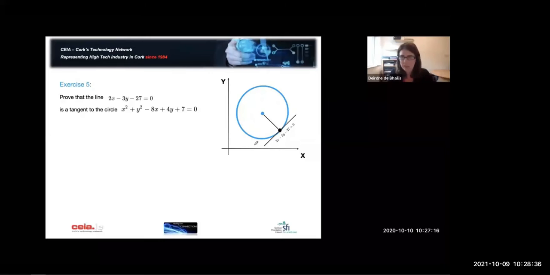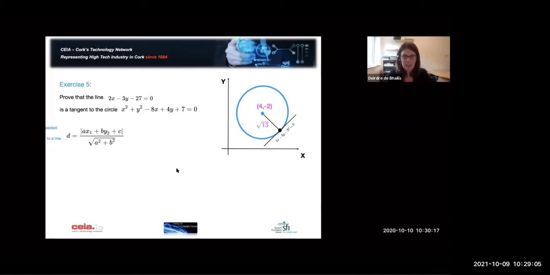I'm going to give you a little bit of time here to determine the center and the radius of that circle. You can refer to exercise 4. It will be the same as that. The center was (4, -2), and the radius was root 13.